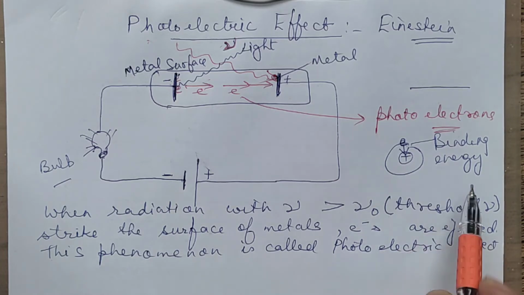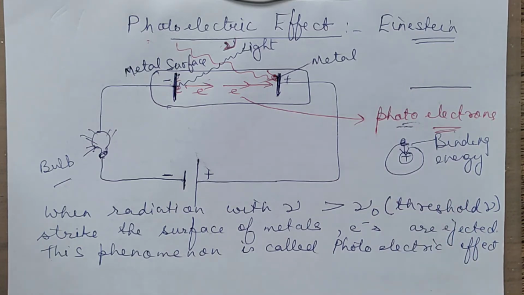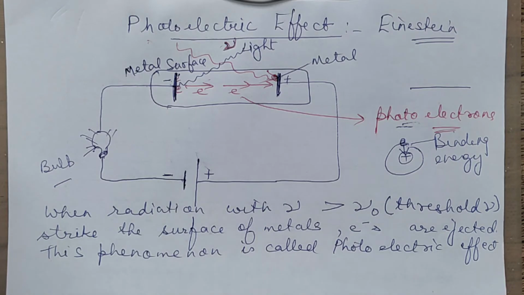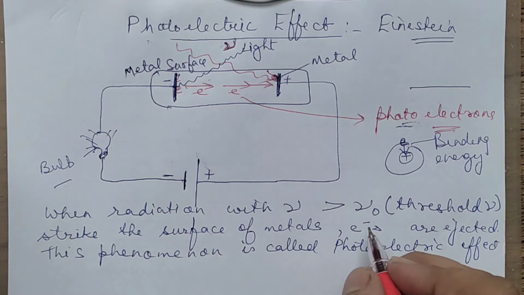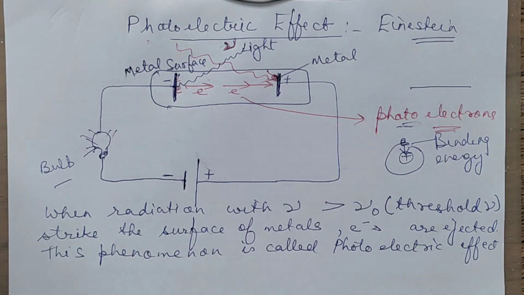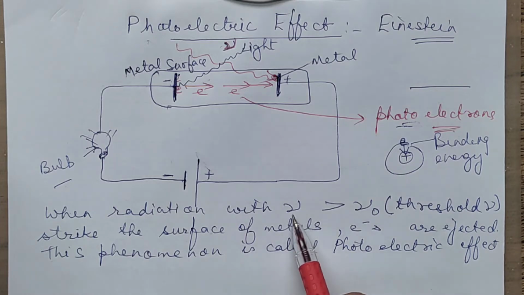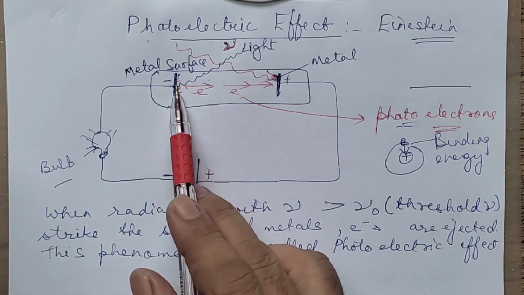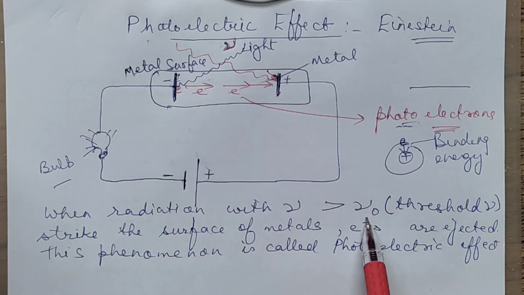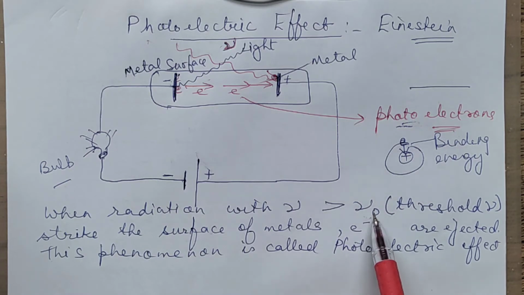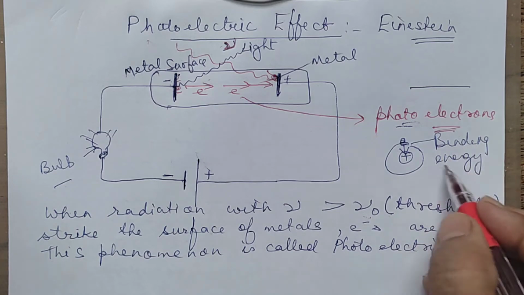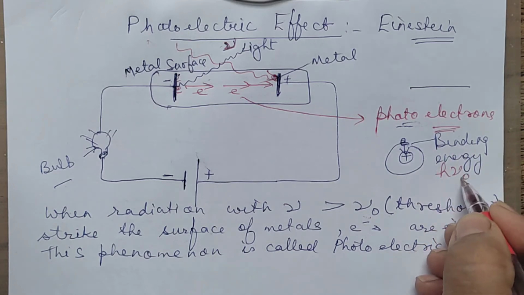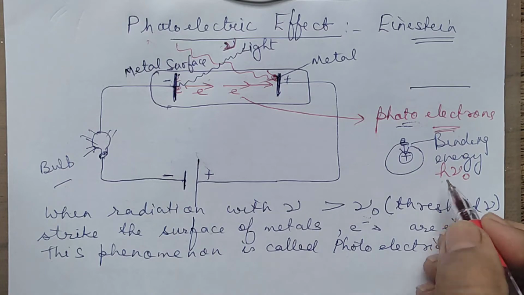And I also specified that the electrons are called photoelectrons. Got it? Now one very important thing to understand is that the frequency of the light falling on the surface should be greater than the frequency which contributes ultimately to the binding energy. So binding energy is h nu naught, because h is constant.